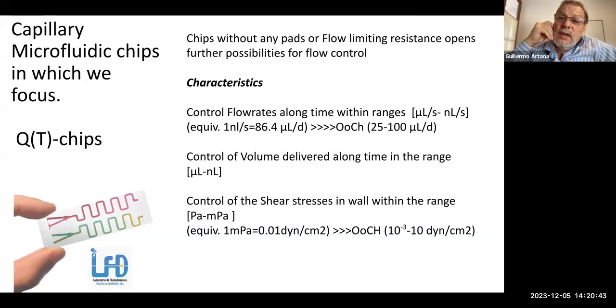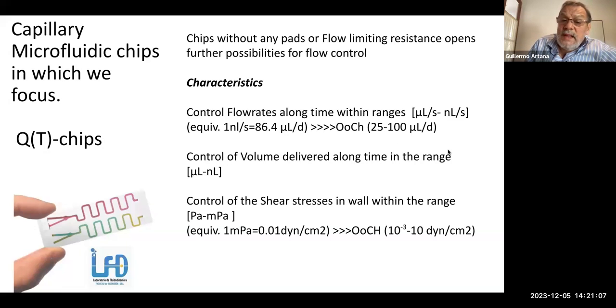That's the reason why we have abandoned a little bit the idea of limiting resistance, and try to have a larger pool of designs based on different aspects of the chip, the channels, and the flow, that I will mention some of today.